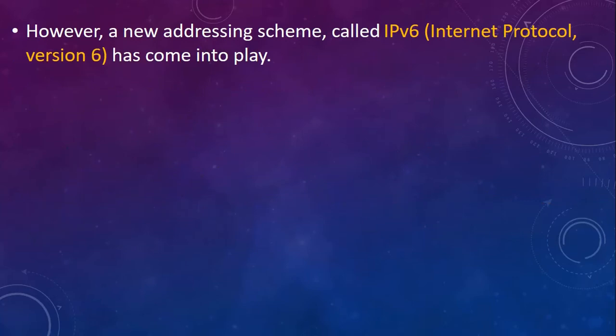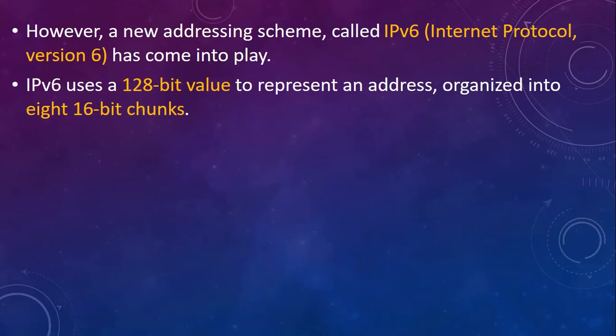However, we now have a new addressing scheme called IP version 6, or Internet Protocol version 6. IP version 6 uses a 128-bit value to represent the address of a computer on the internet, and this address is organized into eight 16-bit chunks.